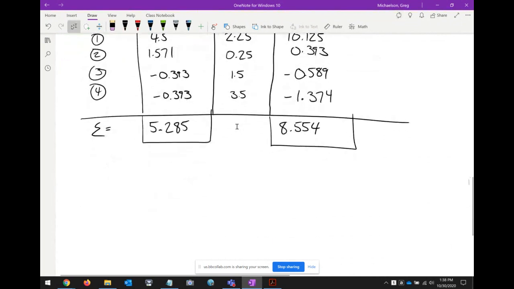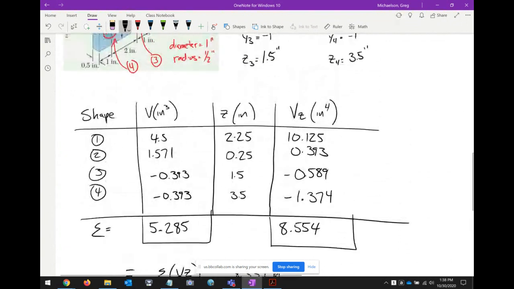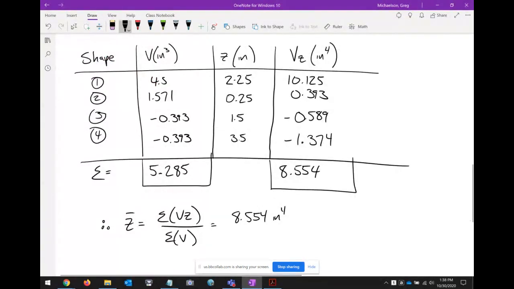So therefore, the Z bar is going to be the sum of the V times the Z's over the sum of the V's, which is 8.554. And that's inches to the fourth because you take an inches cubed times an inches, divided by 5.285 inches cubed. And so you get 1.618 inches. So Z bar is 1.618 inches.